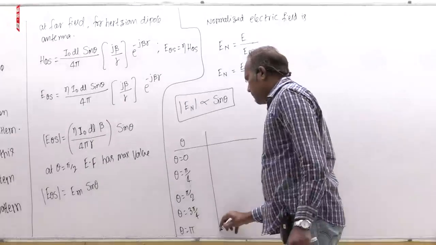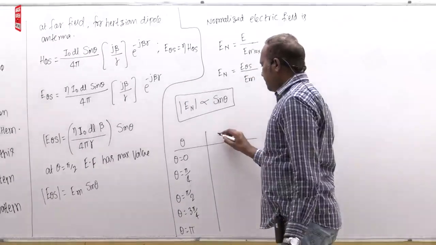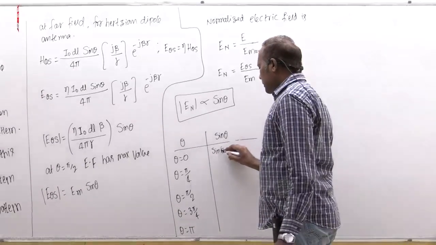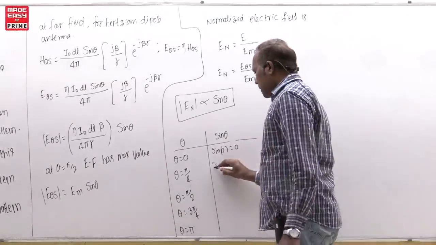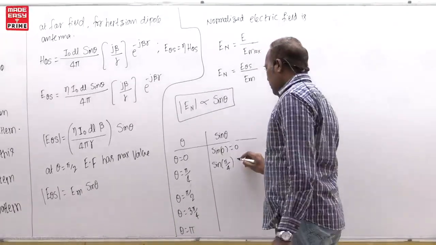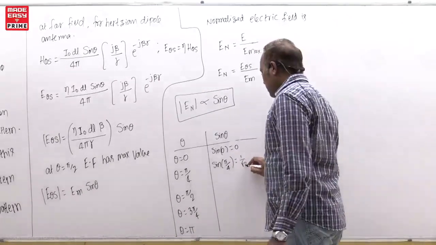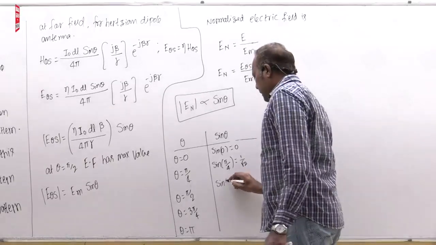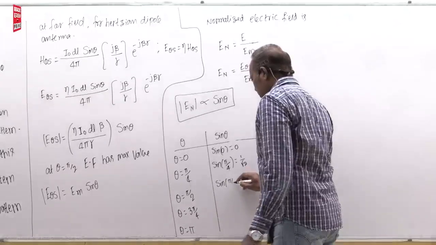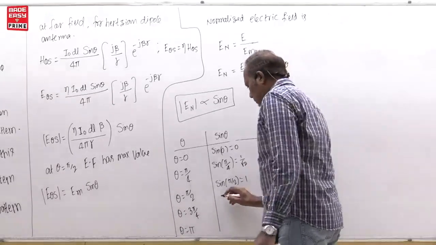So sin theta value. Sin 0 is what, students? 0. Sin pi by 4 is 1 by root 2. Sin 90, that is sin pi by 2, is equal to 1.